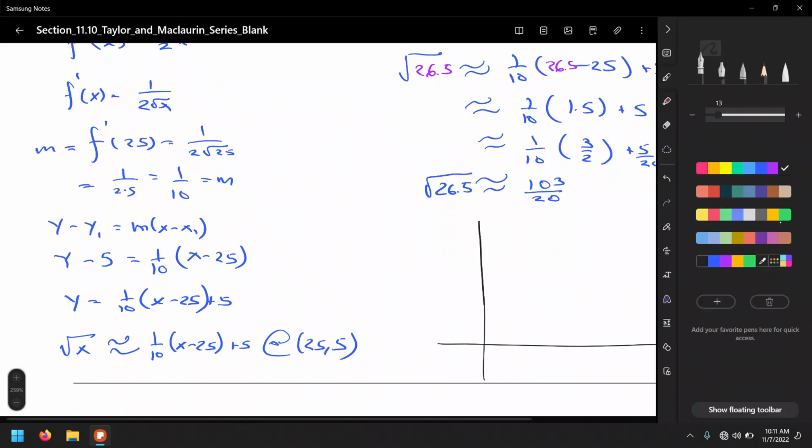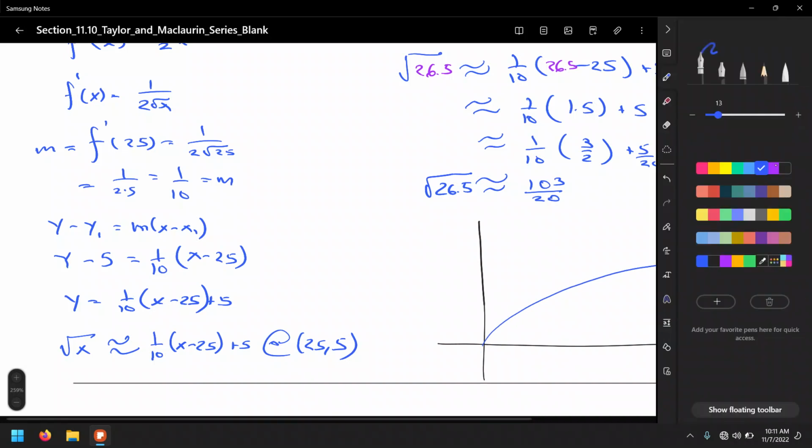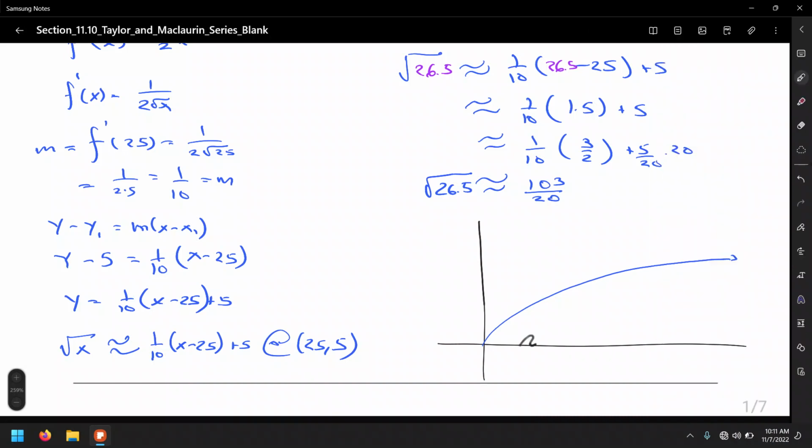So we have the graph of square root of x, and we found the point of tangency at 25. So let me scale: 1, 2, 3, 4, 5. So that's 5, 10, 15, 20, 25, 30.